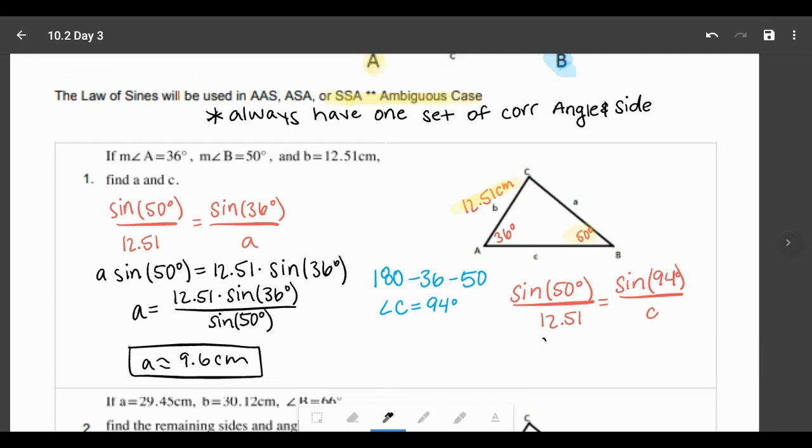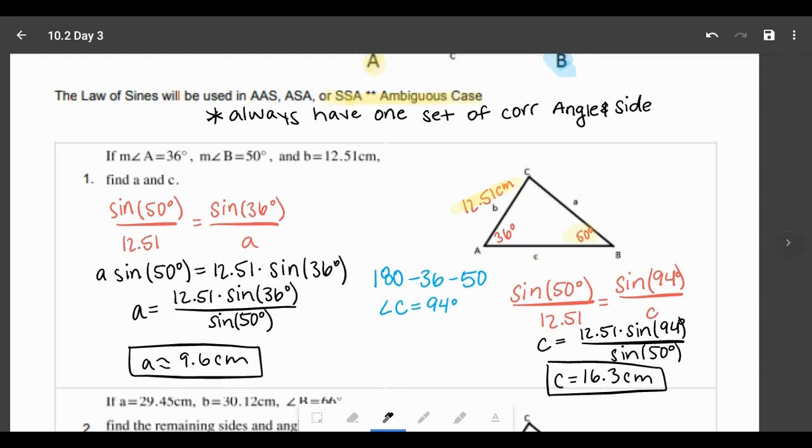Do some algebra and type this into my calculator for side C, and when I do that, I get C is approximately 16.3 centimeters. And there we have it.